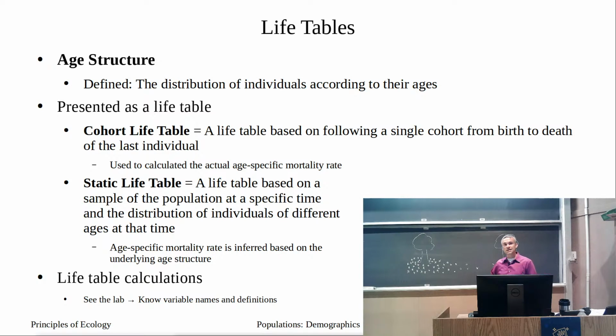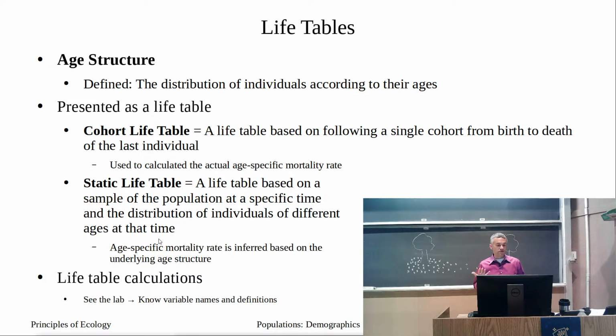What you'll see is that you probably have a large number of individuals early in age, and then as our age categories increase, we're getting fewer and fewer individuals. From that information, we can then infer an age-specific mortality rate because of the drop in our population sizes with each age. It's not actual, it's just hypothetical, it's inferred.